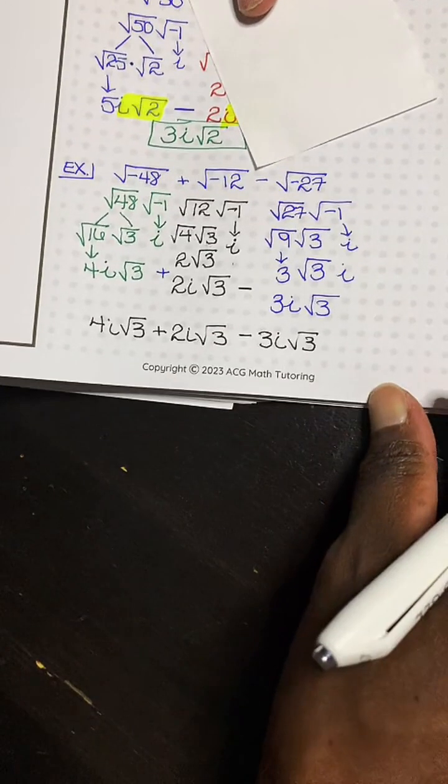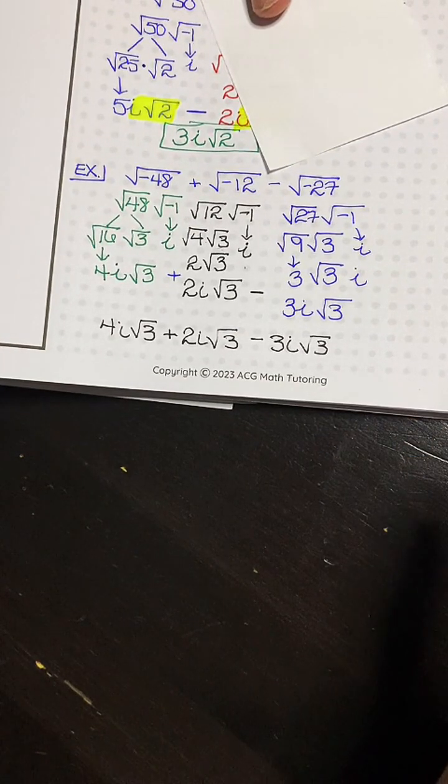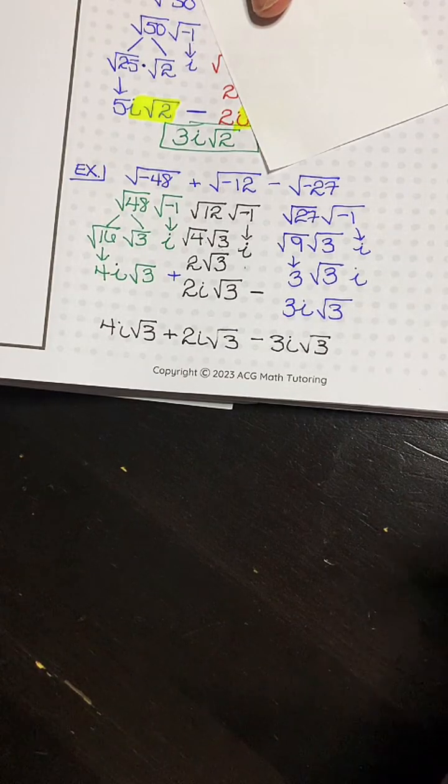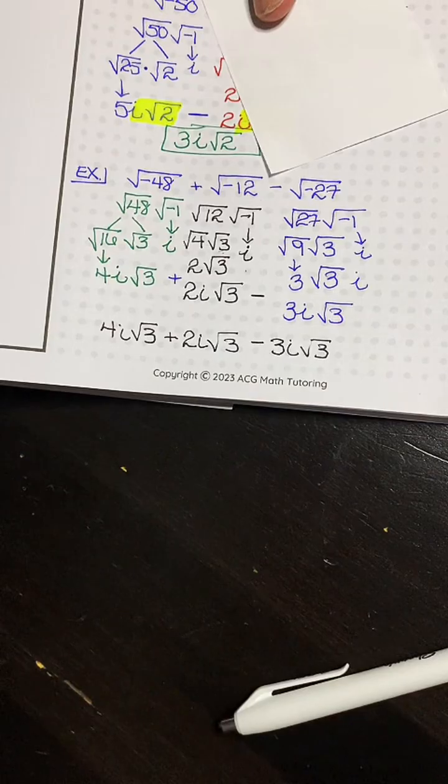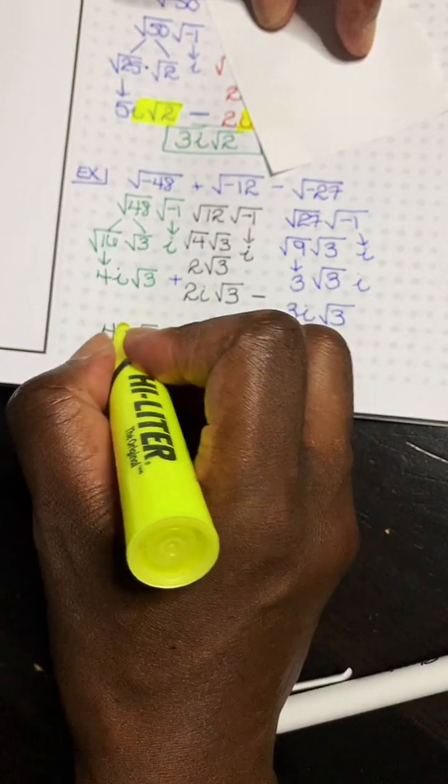So they all have what in common? Okay. So I'm seeing that 3i square root of 3, there's like terms, exactly. And what those like terms are is my i square root of 3.